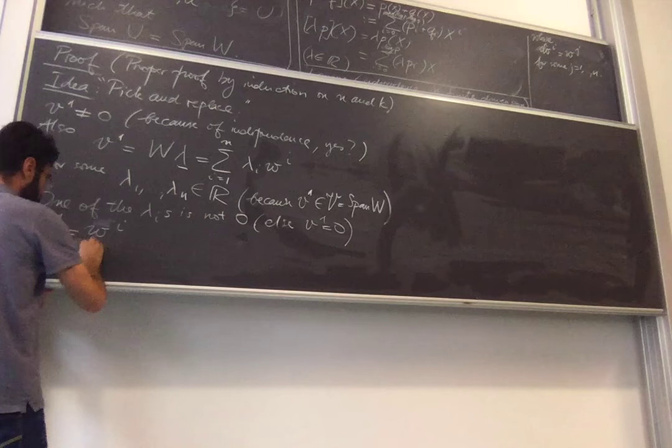Then what I need to do now is isolate the W check 1. So this is lambda 1 W check 1 plus the sum for i from 2 to n of lambda i.